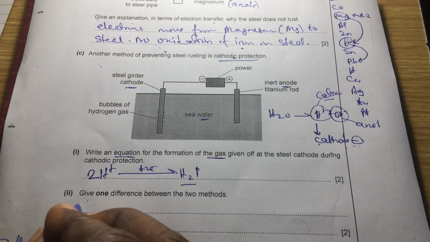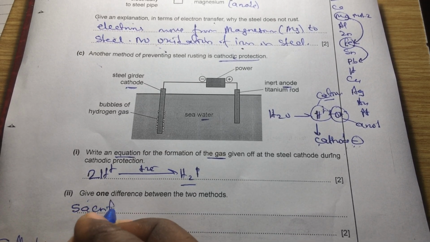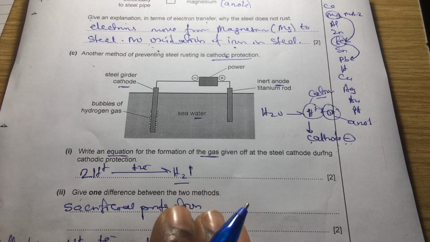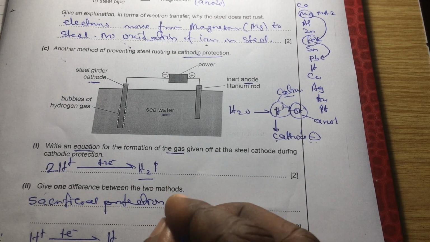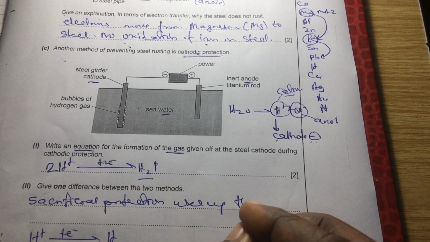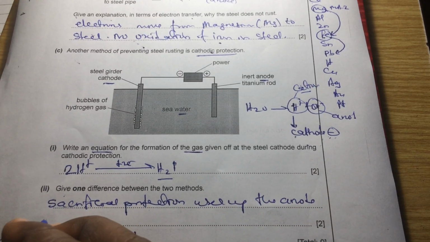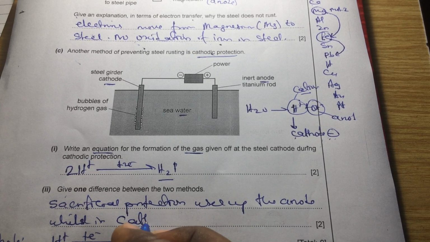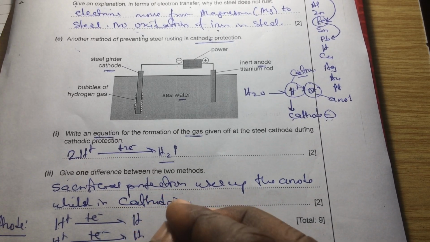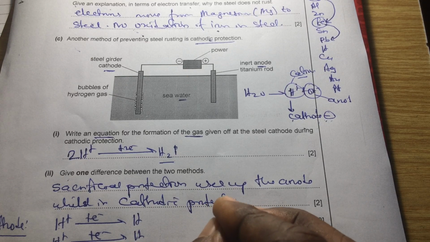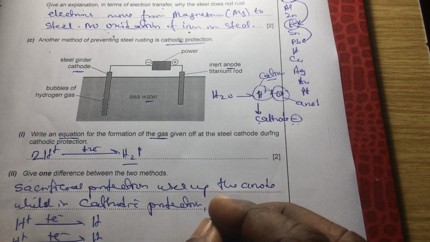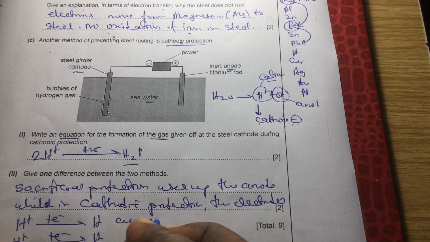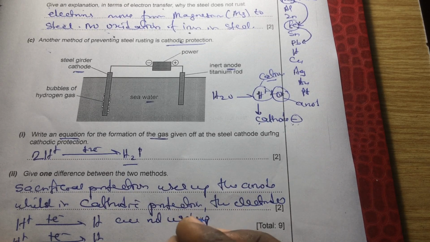So you can write: sacrificial protection uses up the anode, while in cathodic protection the electrodes are not used up.